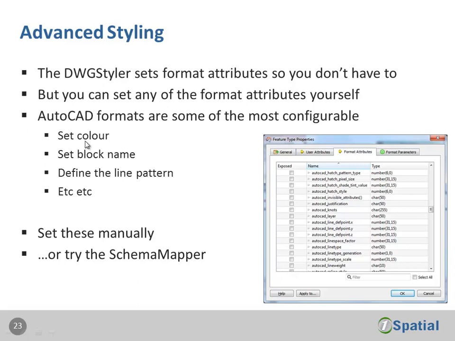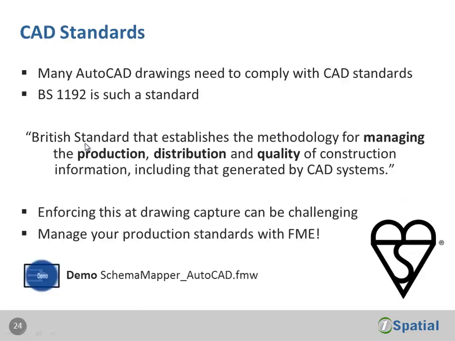So you can set the color, the block name, define line patterns, and a number of other capabilities directly with FME. And you can use the manual standard workflow processes in FME to do that, or you can use transformers like the Schema Mapper. This makes it very useful when you start to consider working with CAD standards. If you want to take a look at BS 1192, this is one of those CAD standards.